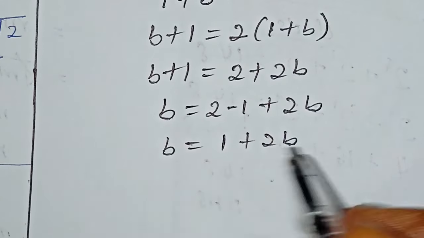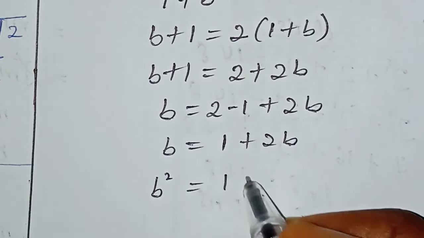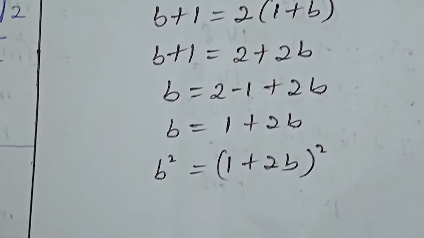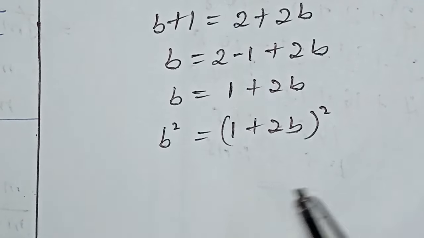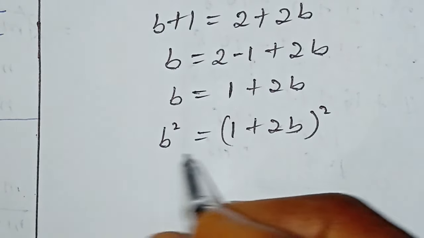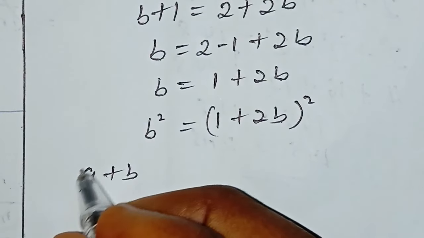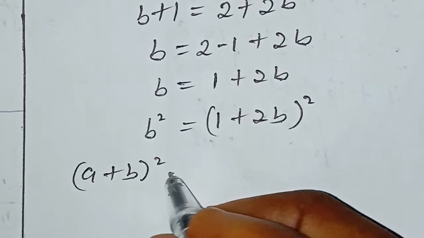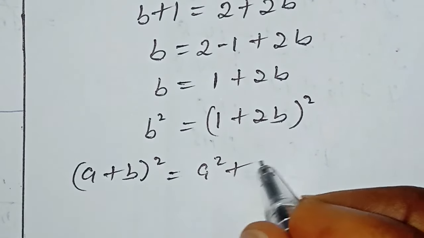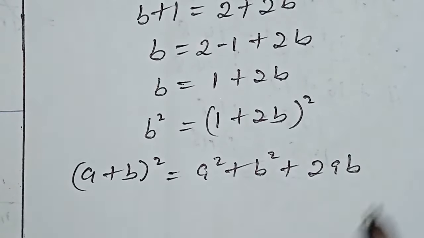Let's square both sides. So we have b squared equal to (1 + 2b) into bracket squared. Now let's expand the right hand side, considering this identity: (a + b) squared is expanded as a squared plus b squared plus 2ab.